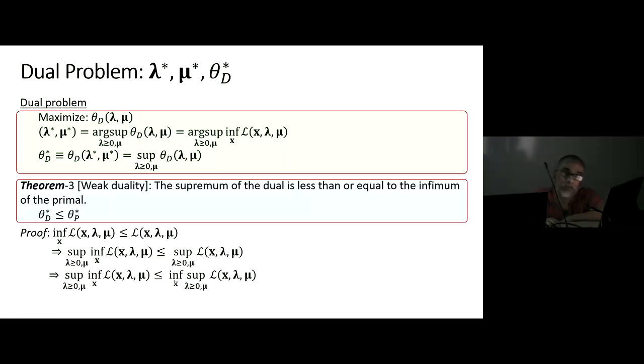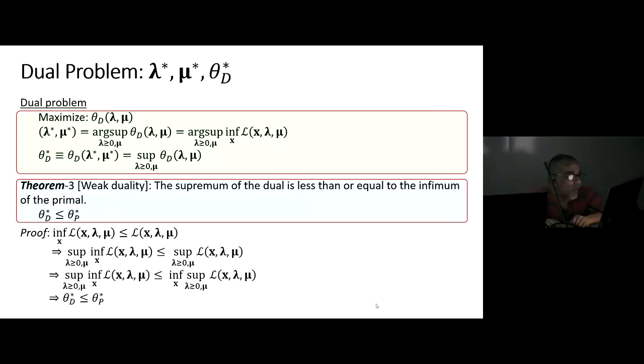And so this is our proof. It's a very common sense proof, actually. If you first maximize, then minimize, as in the primal, you'll always land up with a higher value than when you first minimize, then maximize.